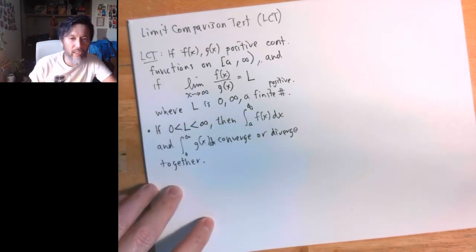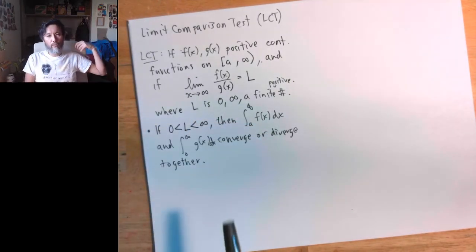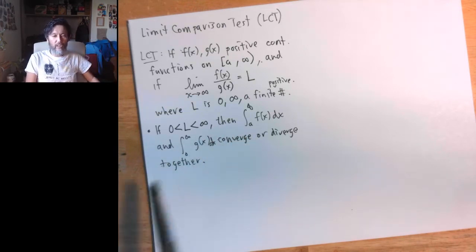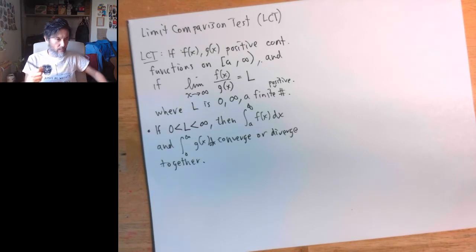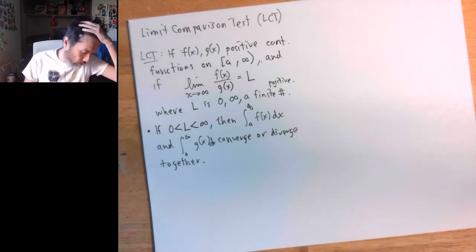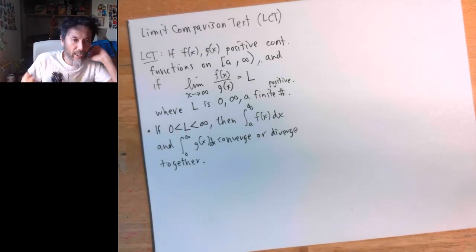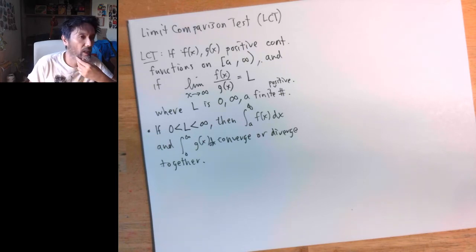What this means is that if you know one of them converges, you can legitimately deduce that the other one converges. And if one of them diverges, then you can legitimately deduce that the other one diverges. They hold hands in terms of their status as convergent or divergent improper integrals.